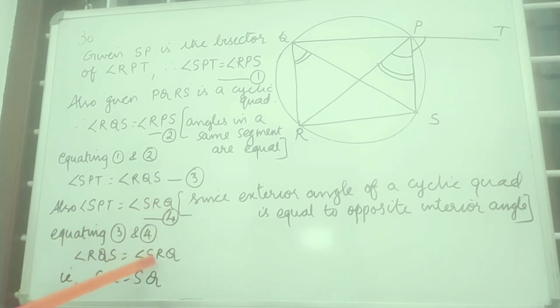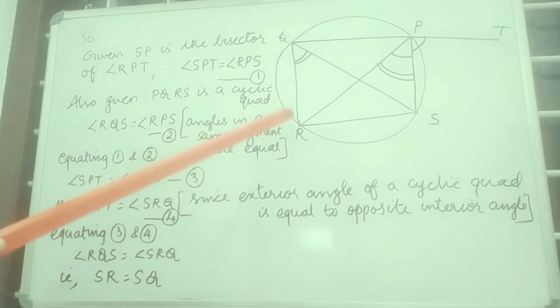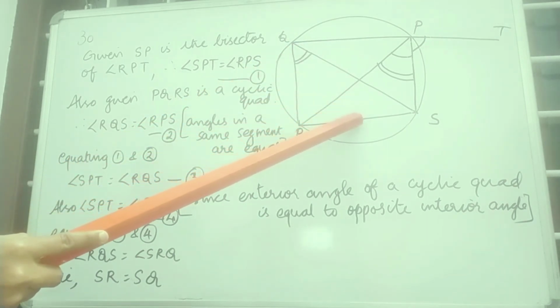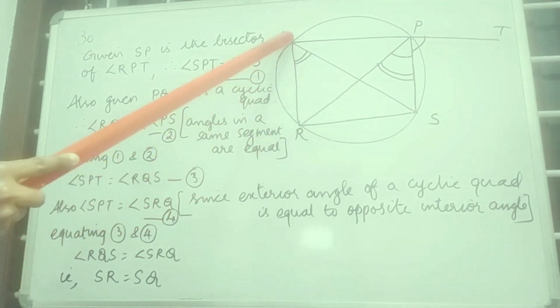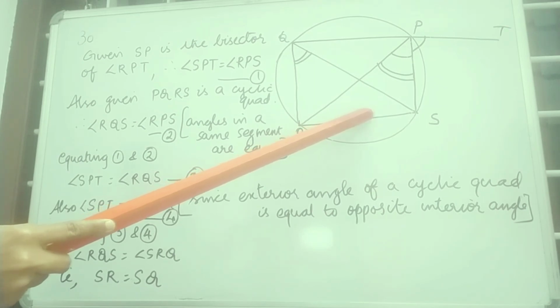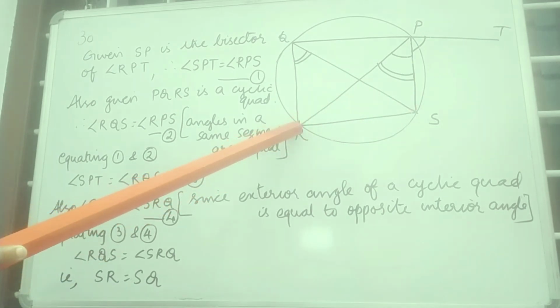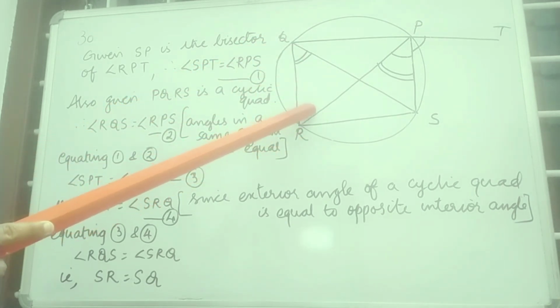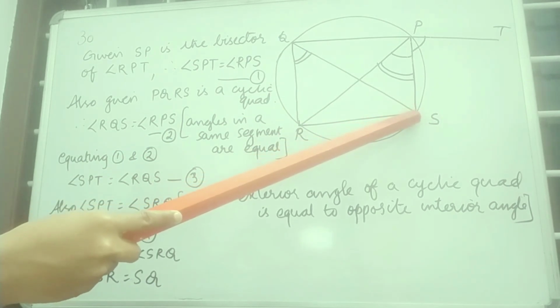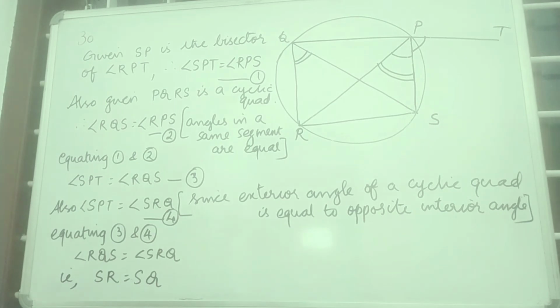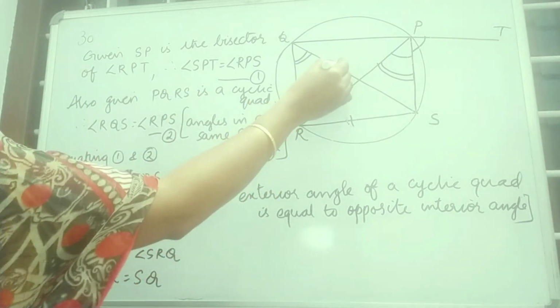For angle RQS, the side opposite to this angle is SR. For angle SRQ, the side opposite to this angle is SQ. So we can say that SR is equal to SQ.